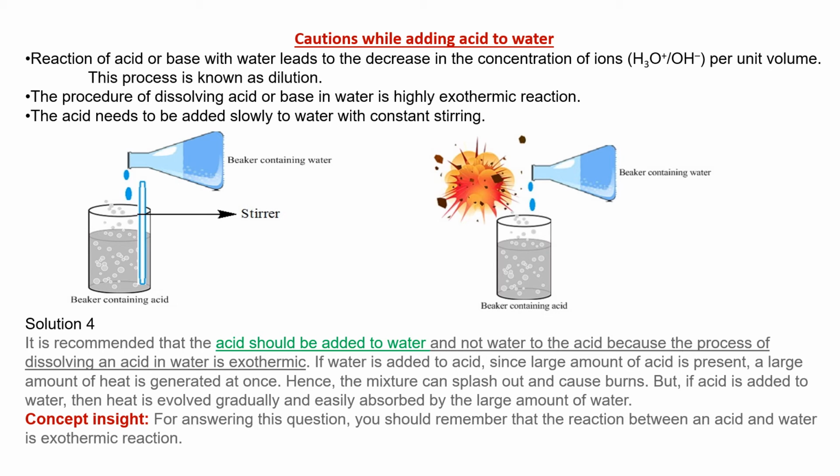Caution that you are supposed to take when you make a dilute solution of acid. First of all, this is made under the teacher's guidance, under the guidance of lab assistants. You are not supposed to do it by yourself, but even if you are, first you need to know what chemical reaction takes place and how you should proceed.